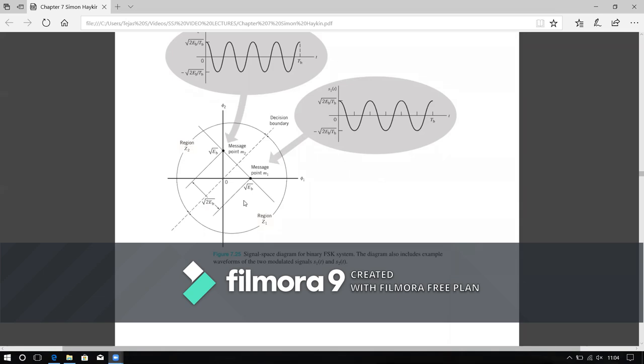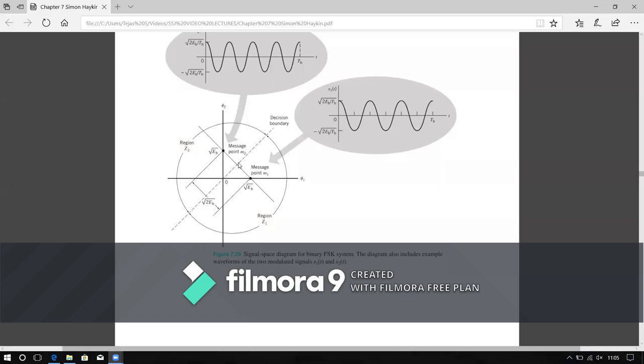If the observation vector falls in the region Z2, then the decision is taken in favor of symbol 0. This occurs when x1 is less than x2. On the decision boundary line, where x1 is equal to x2, the decision can be taken either in favor of symbol 1 or in favor of symbol 0.